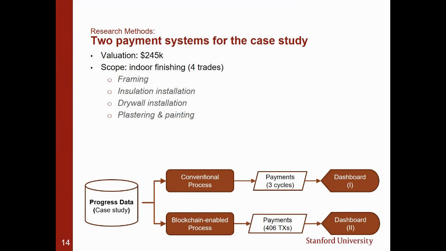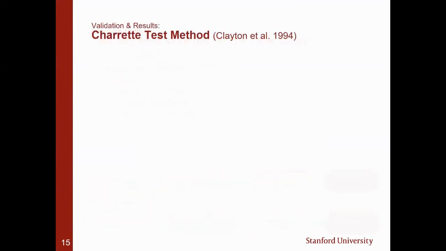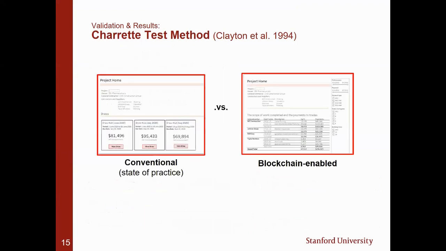So finally, we need to compare these 2 different dashboards in terms of visibility, for which I use the charrette test method, which is something developed at Stanford. You basically have 2 different tools, one conventional, which you see here. This is what that industry solution looks like, the industry solution we have in the US. And the blockchain-enabled one is the one I developed as close as possible to the conventional solution.